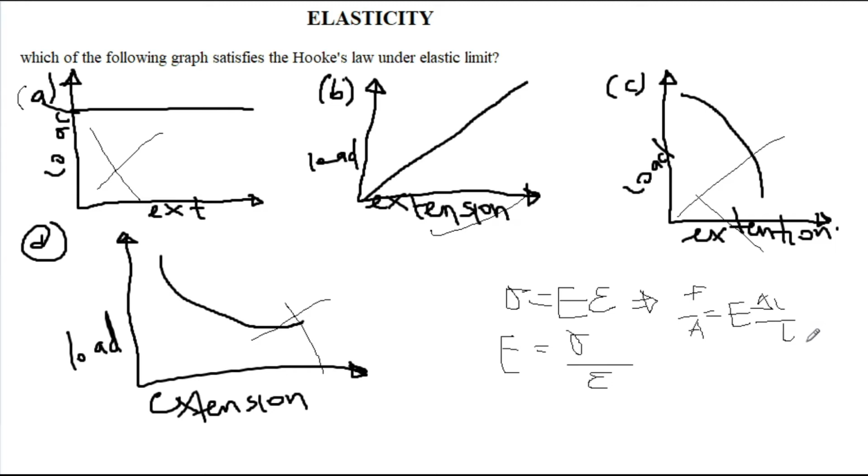So from here I can make F the subject of the formula, so we have F equal to delta L times E A all over L. So it implies that F is proportional to delta L.